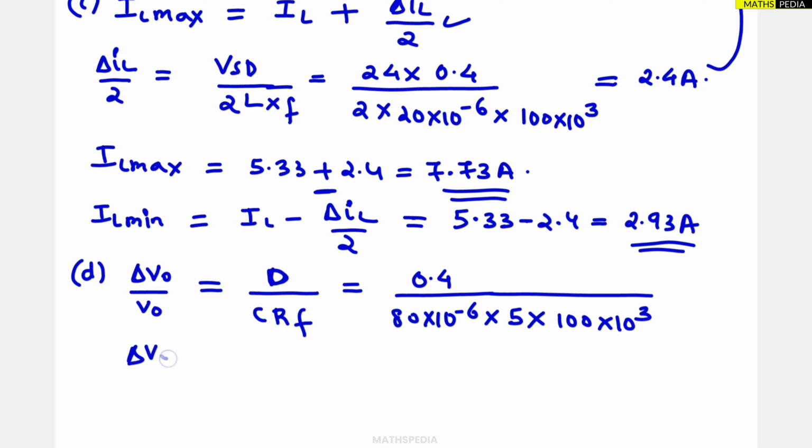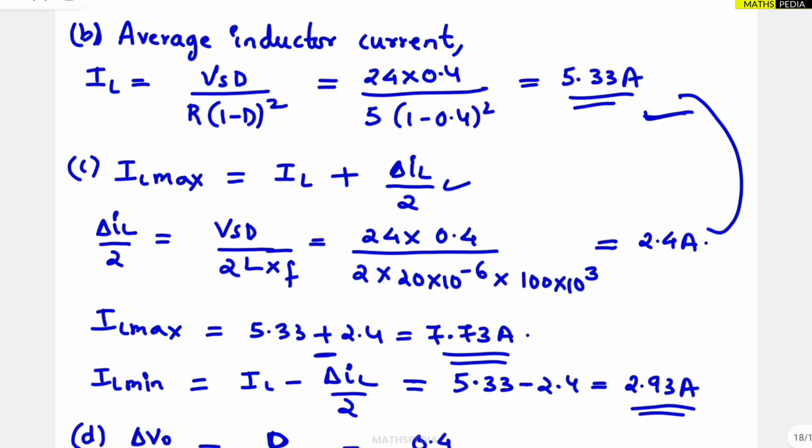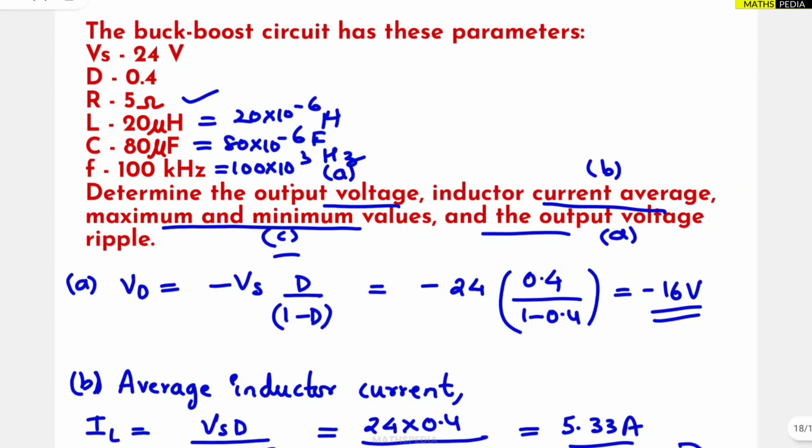Substituting, we get the voltage ripple as 0.01, which is 1%. So this is the voltage ripple, and this is the final answer. For all the questions we have found the answers.